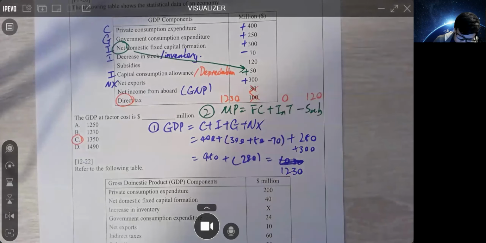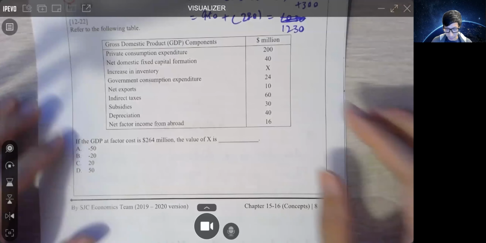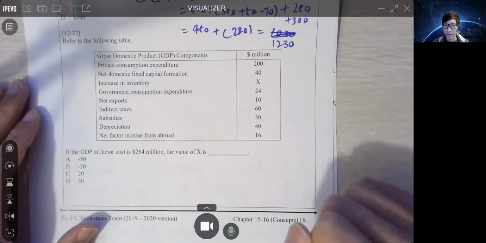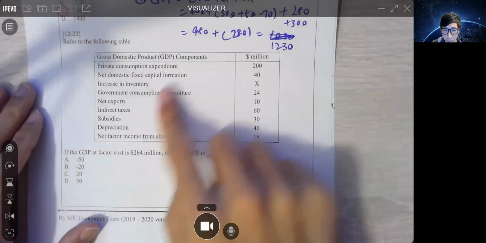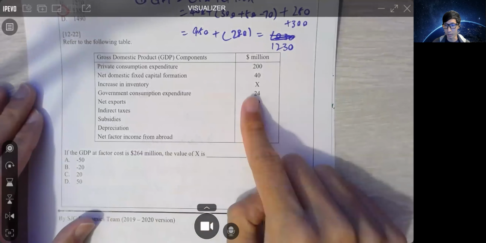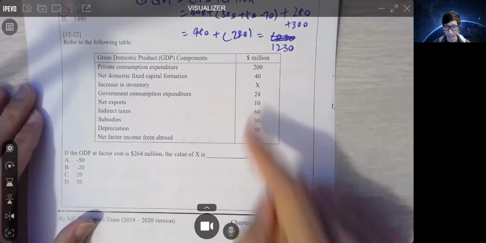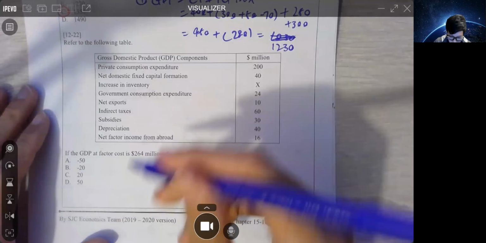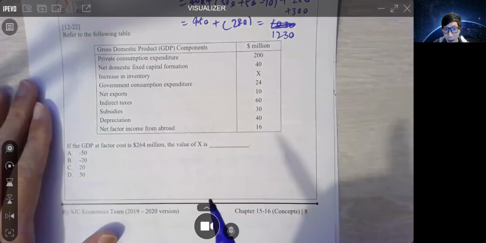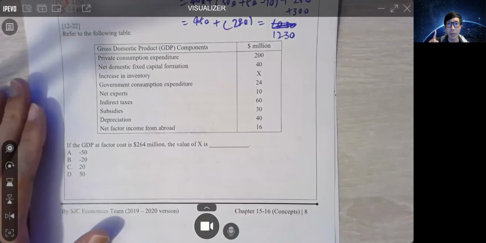Okay, next question. A DSE question, same thing. Now we are asked to calculate x here. Okay, here you are given GDP at factor cost. Now we need to reverse engineer x. Okay, same approach. Now remember, expenditure approach, we are calculating market price.